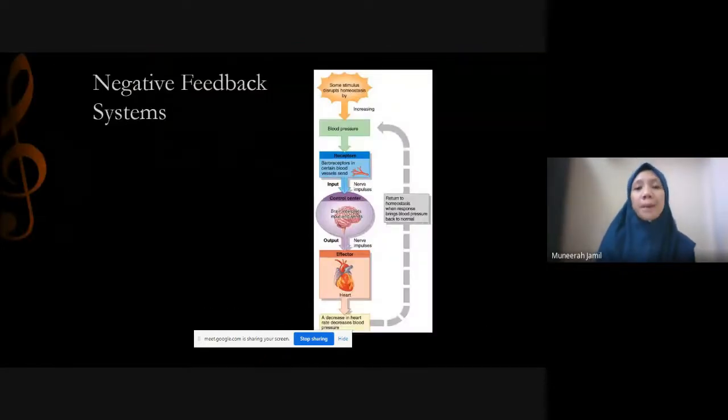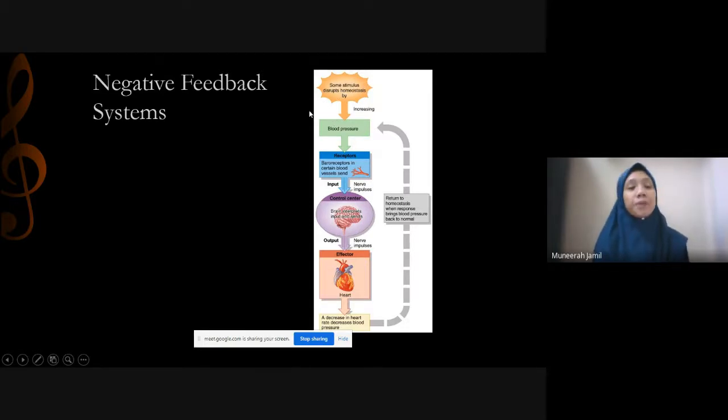Okay, so for example, there are some stimuli that disrupt the homeostasis system by increasing the blood pressure. Okay, so when the blood pressure is increasing, ada stimulus yang menyebabkan blood pressure meningkat. Contoh, stress factor adalah satu stimulus, ataupun makanan yang tinggi garam, high salt intake is also a stimulus that later on will result in increasing of the blood pressure.